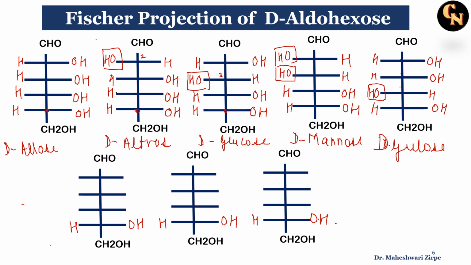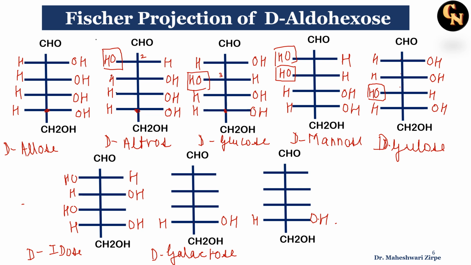Then idose. Here you will find the OH are alternate. If the second last carbon OH is on the right hand side, then here it will be left hand side, then again right hand side, and again left hand side, and this structure is called idose. Then next is galactose. Again D structure, because OH of the second last carbon is on the right hand side.